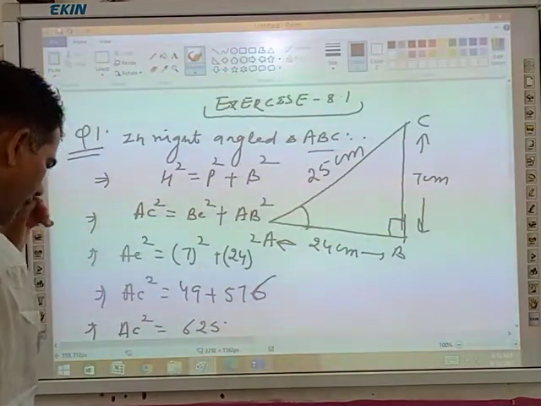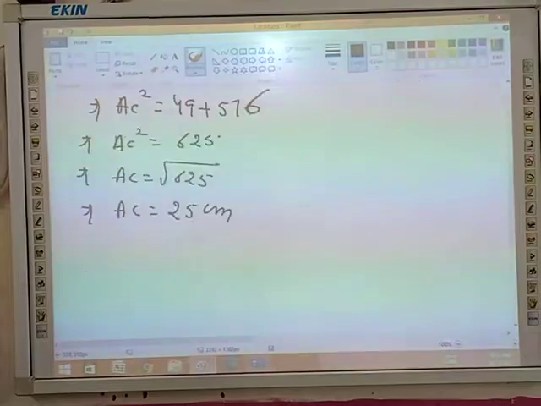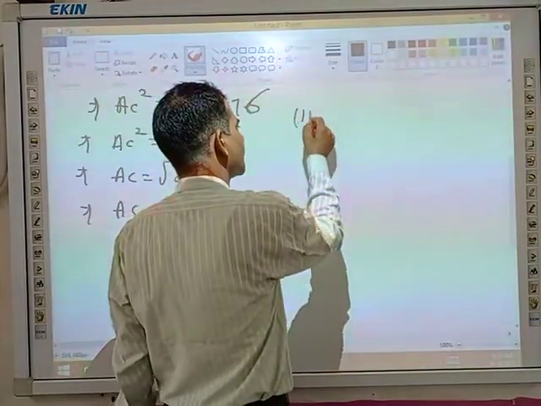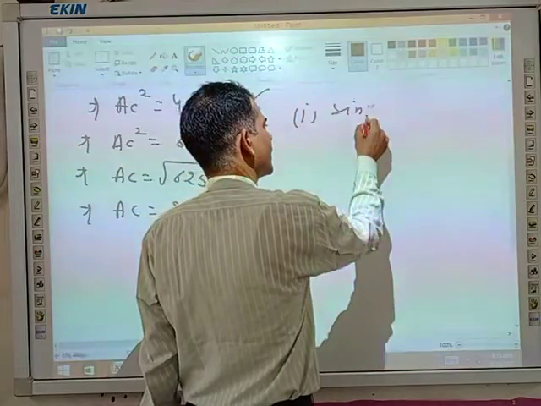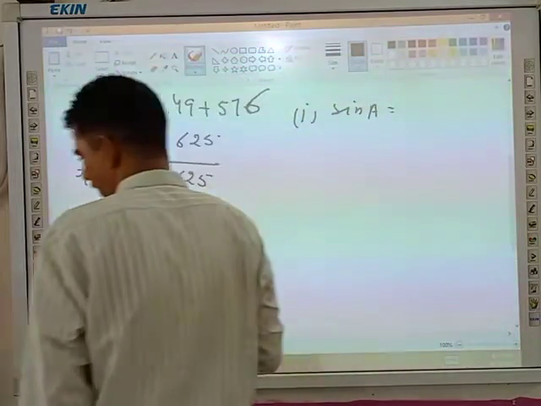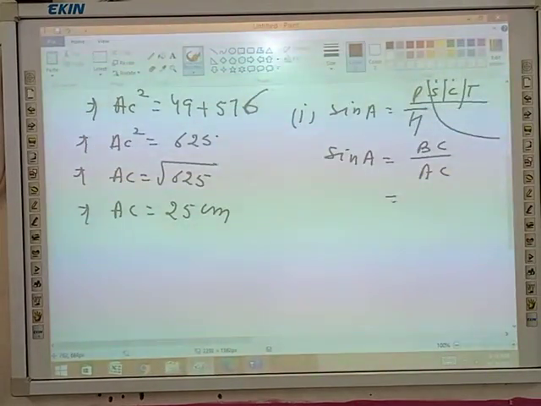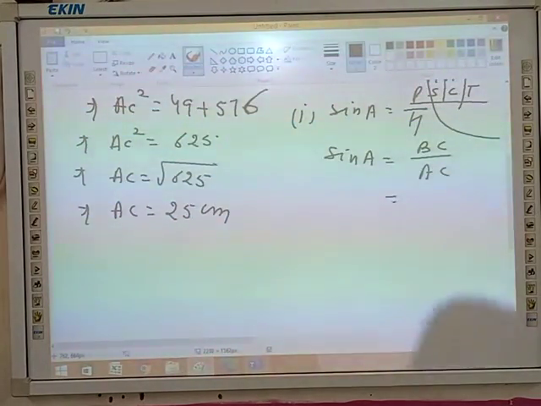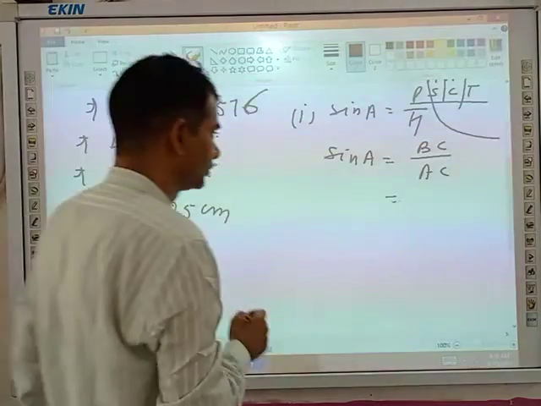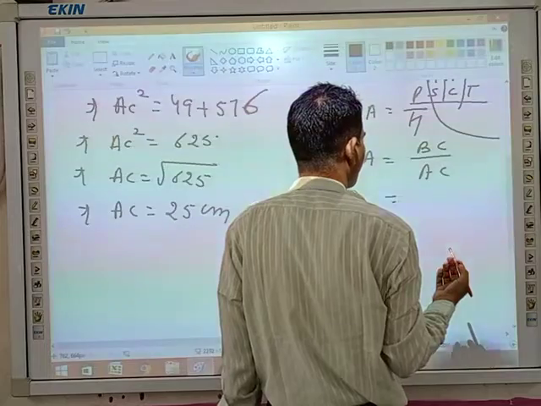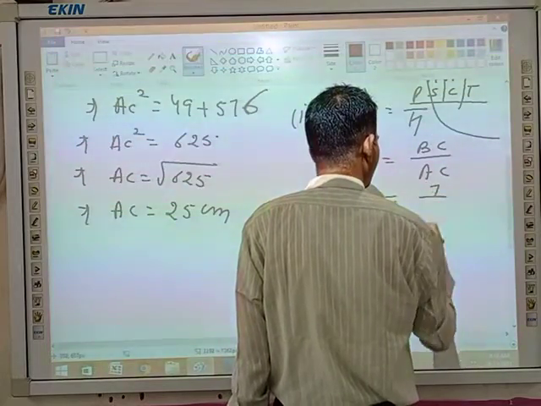Now we have to find out the sin A. Sin A will be perpendicular by hypotenuse. BC is 7, hypotenuse is 25.